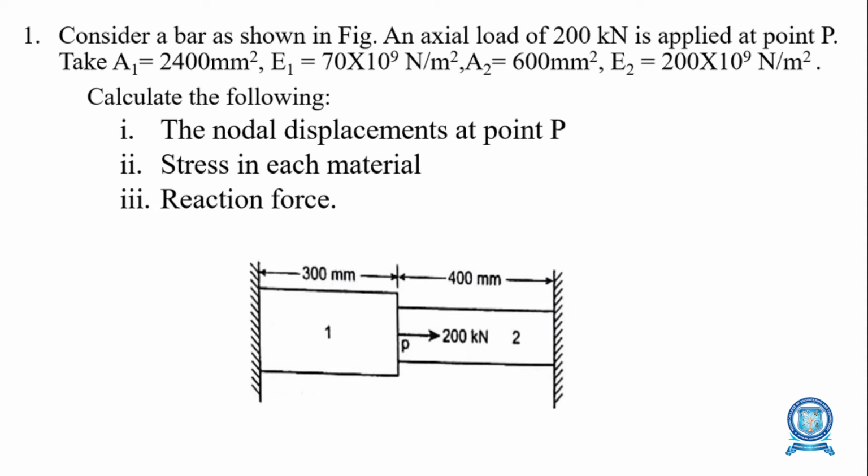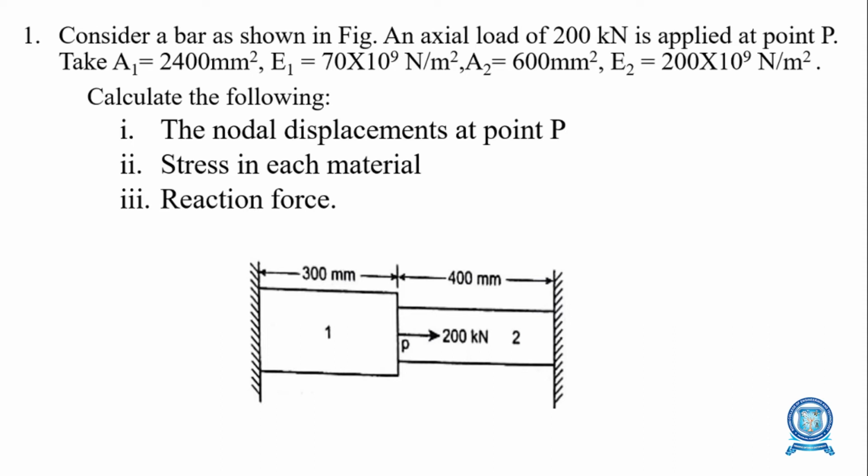Now, the area of the first element is 2400 mm square. Here it is given as A1 equal to 2400 mm square. Likewise, for the second element, the area A2 is 600 mm square.